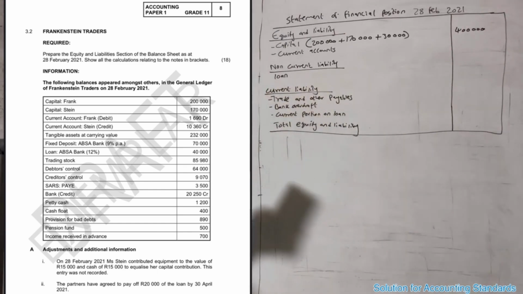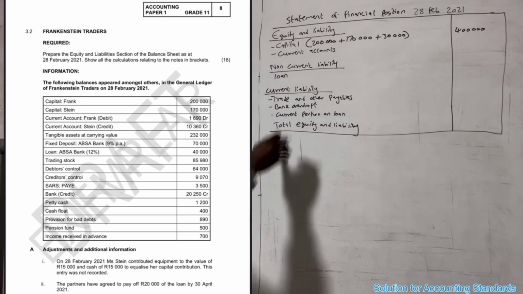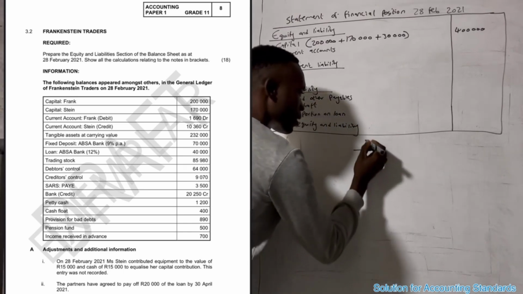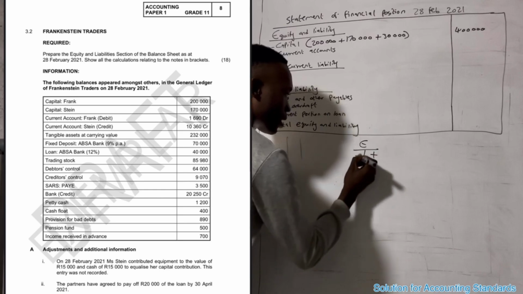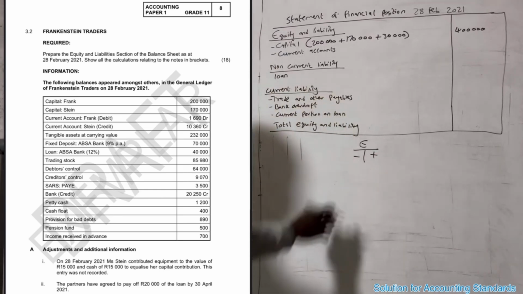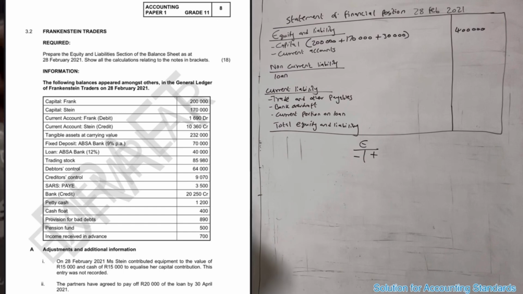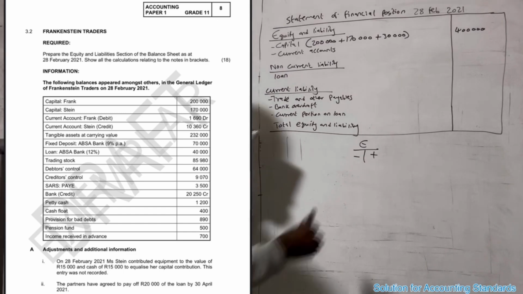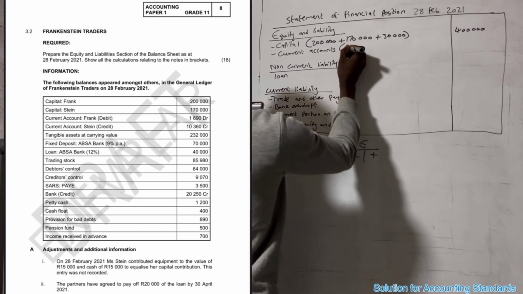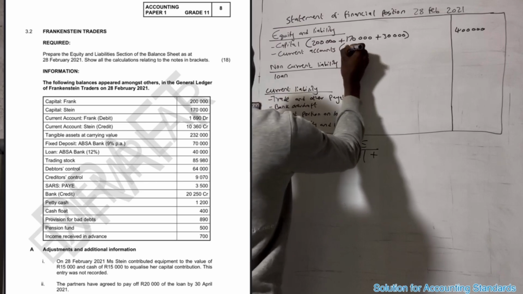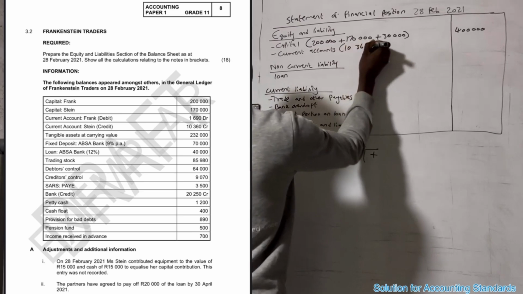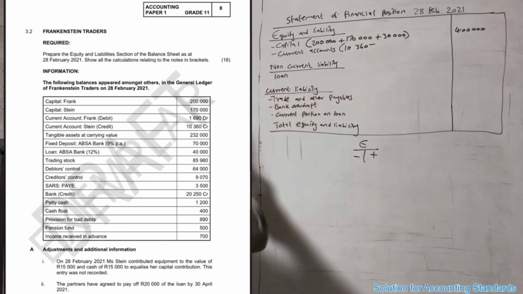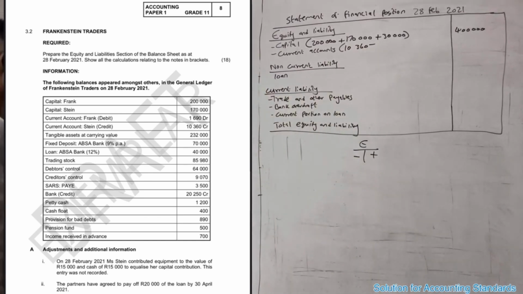Moving to the next one, current account, guys. Credit balance. Remember when we talk about equity, guys, it increases on the credit and decreases on the debit, which means that whatever is on the debit is negative. Let's start with the credit one of 10,360, Stein's current account. 10,360, and because the one for Franc is negative, we have to subtract.